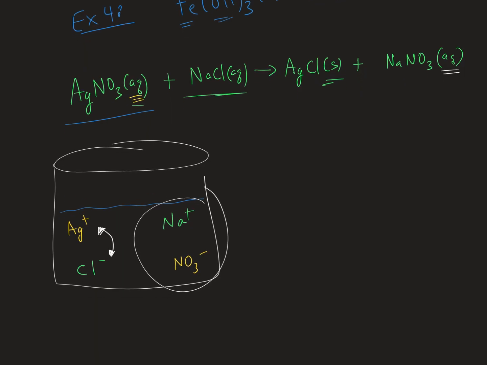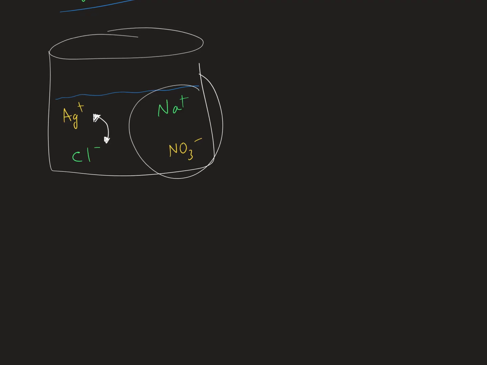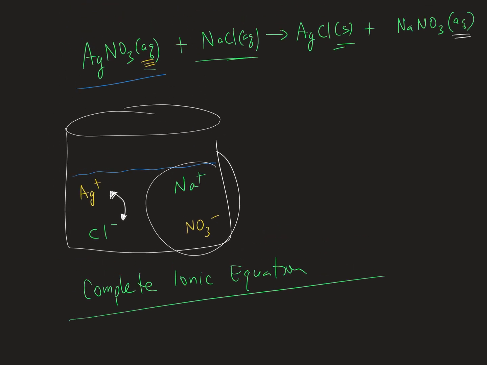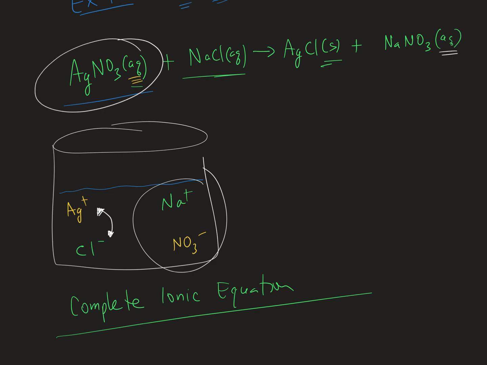So, how do we write that on our paper? Do you want to draw this picture every time? Maybe not. So we're going to write the complete ionic equation. So this guy right here, we know does split, right?